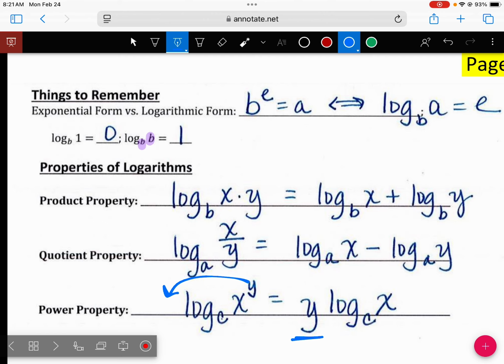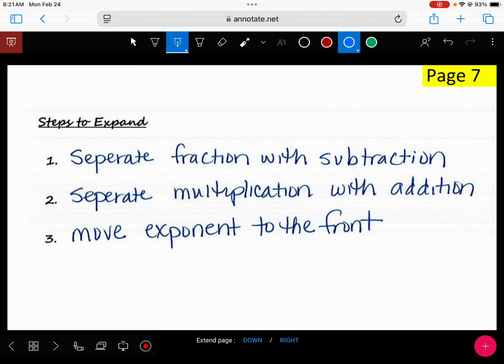All right, anybody need more time to copy down the properties? Okay, so now let's talk about the steps, and then we'll get into practice. Steps to expand, that's the top of page 7. The first thing we're going to do is look for a fraction and separate that with subtraction. Then we're going to look for multiplication, separate that with addition.